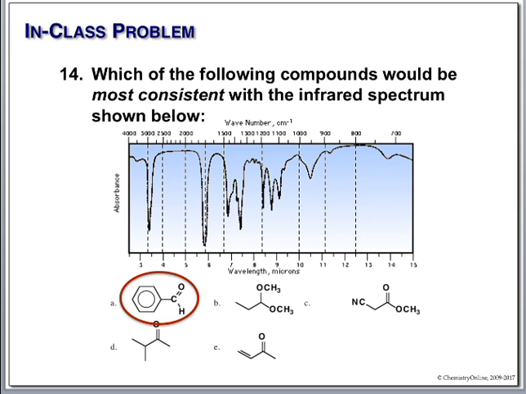And we would expect to see aldehyde CH at about 2750. We look at our spectrum. We do have a carbonyl. We don't have anything on the high side of 3000. Don't really have anything here at 1600. And we don't have the aldehyde doublet. Therefore, this is not consistent.